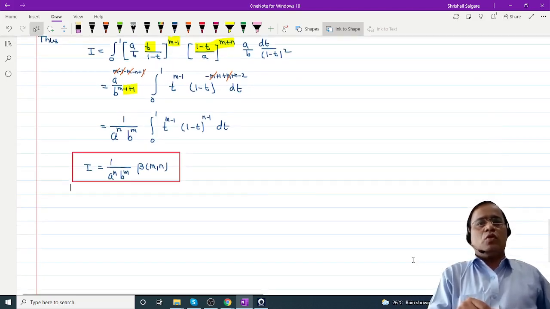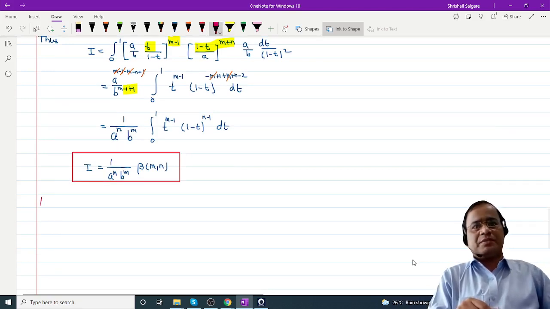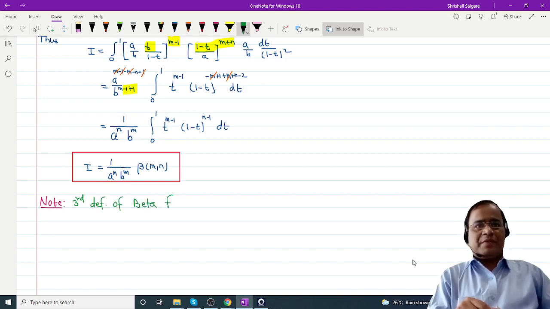Note that we consider this as the third definition of beta function. So what you have to do for the third definition of beta function, put a is equal to b is equal to 1 in the above example.